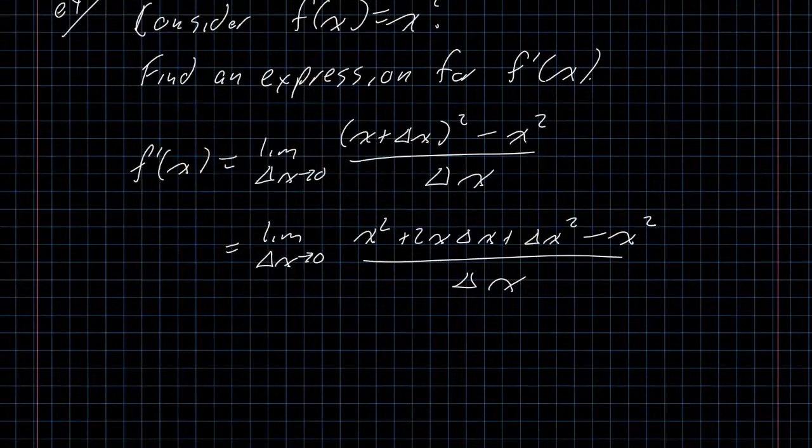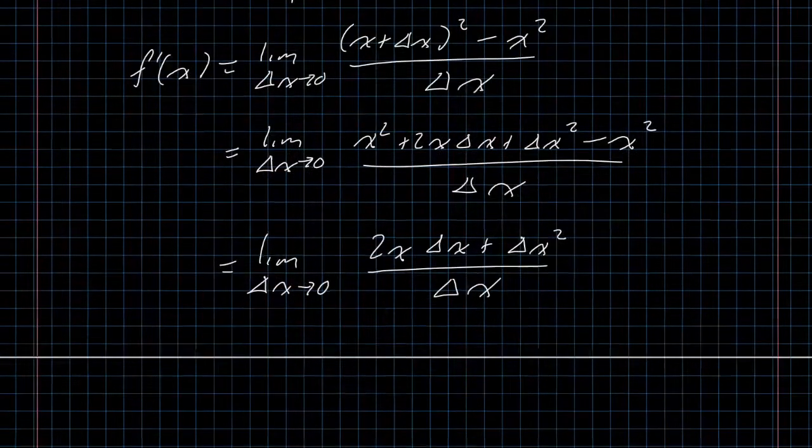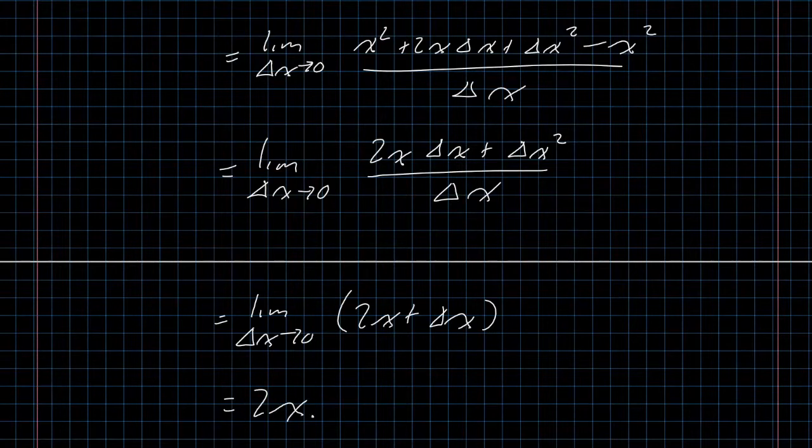The x squareds will cancel out, leaving 2x delta x plus delta x squared all over delta x. And we can divide off the delta x's and get 2x plus delta x. And as delta x goes to 0, that just becomes 2x.